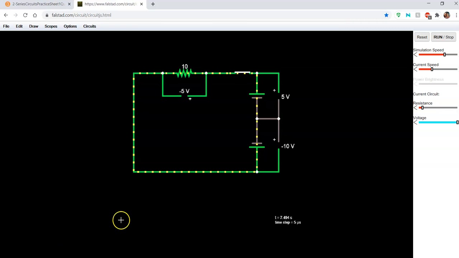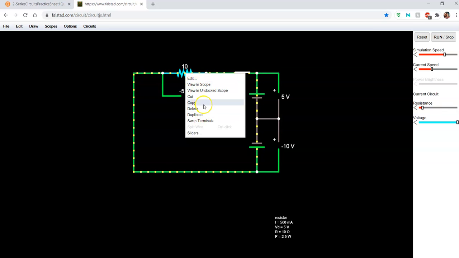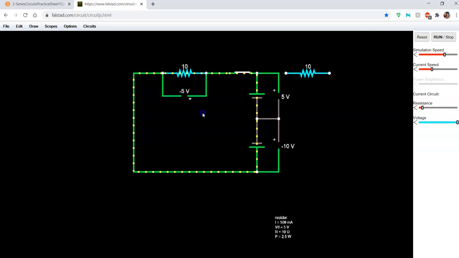And just to finish with this, if I were going to add an additional resistor, I'm just going to duplicate. Okay, so I'm going to stop the simulation here.